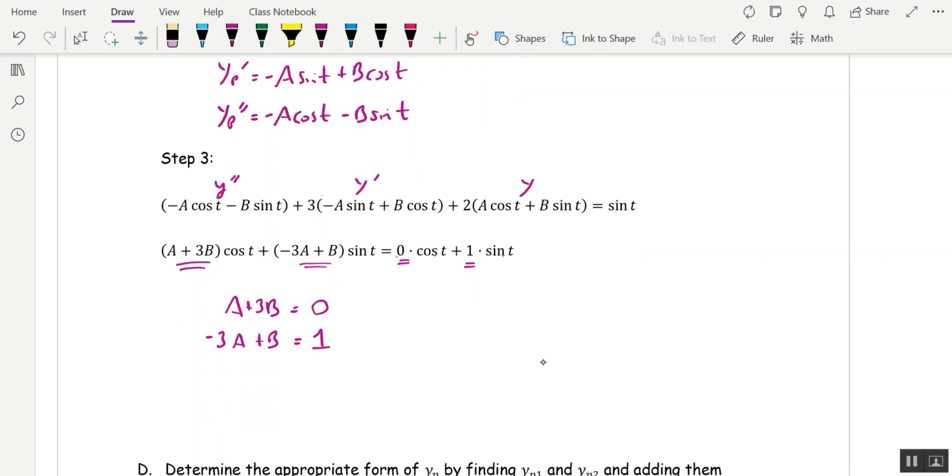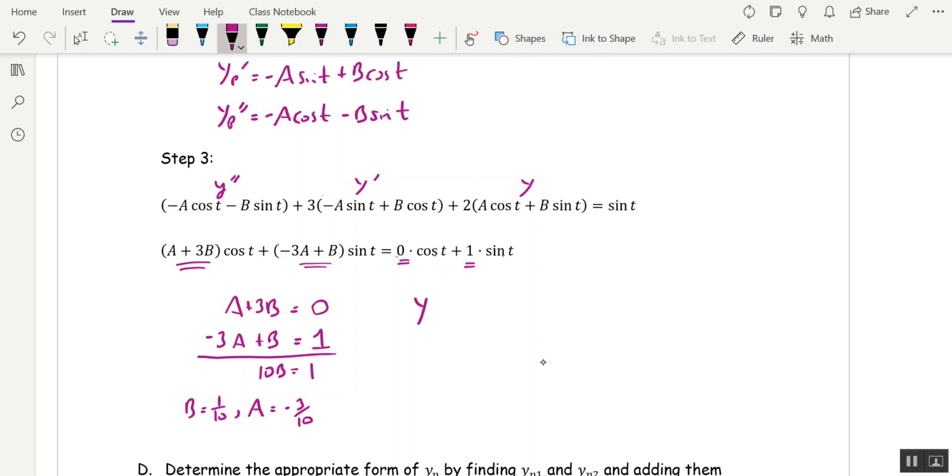I'm going to do the elimination method. I'm going to multiply the top equation by 3 and add it to the second equation to get 10b is 1. So now I know that b is a 10th. And then a, plug that into the first equation, and I'm going to get a is negative 3/10.